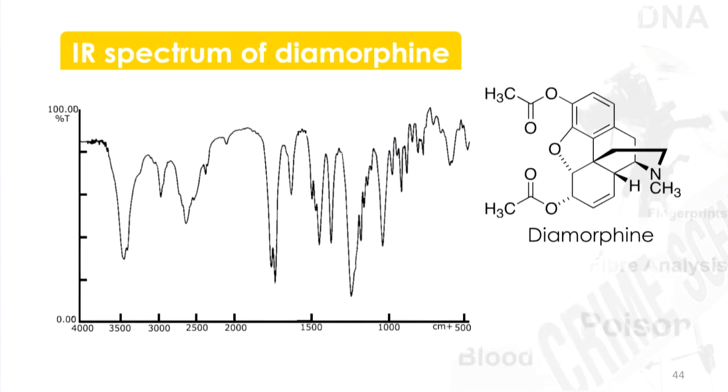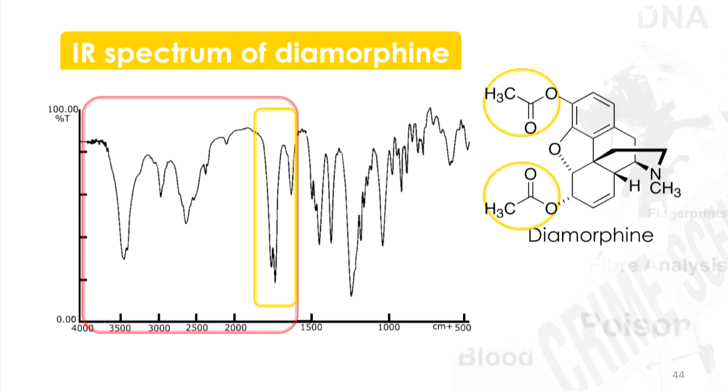Here's an example. It's an infrared spectrum of diamorphine, which is the active ingredient of heroin. If we look on the left-hand half of the spectrum, outlined in red, you can see a series of bands. If you look closely at that part, it tells you about some of the parts of the molecule. For instance, we can see that this molecule has ester groups. We can see that it has carbon-hydrogen bonds.